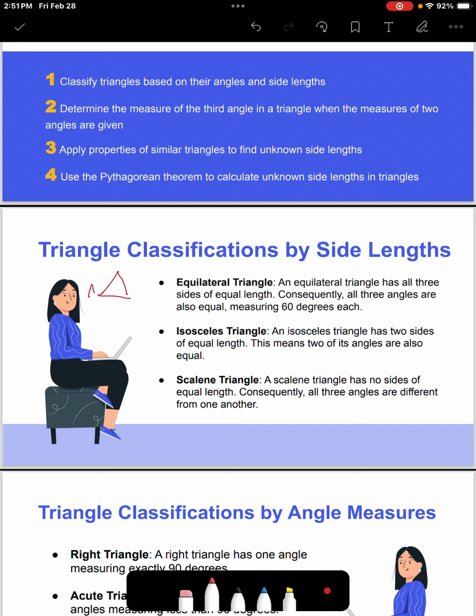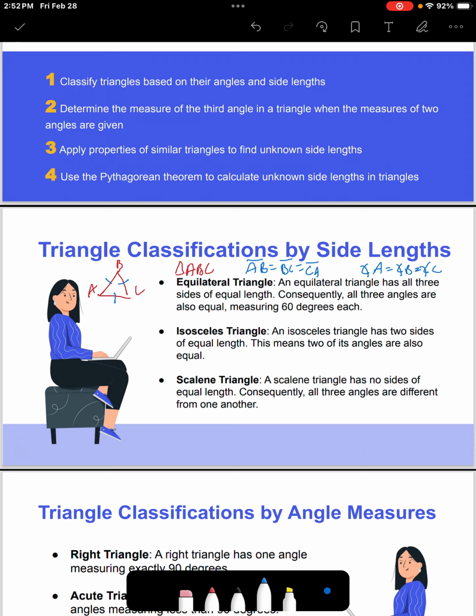We would call this triangle ABC, and each side is the same length. So AB equals BC equals CA. They're all equal, and all the angles are also equal. Angle A equals angle B equals angle C.